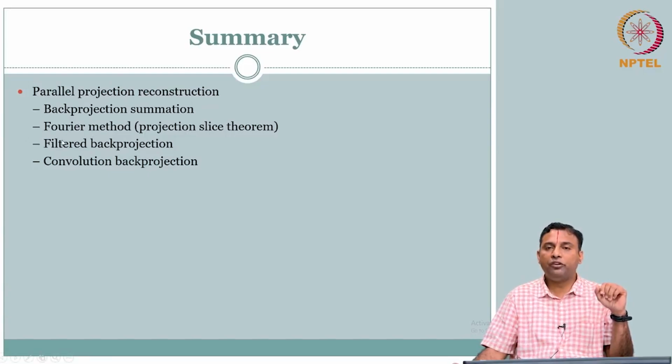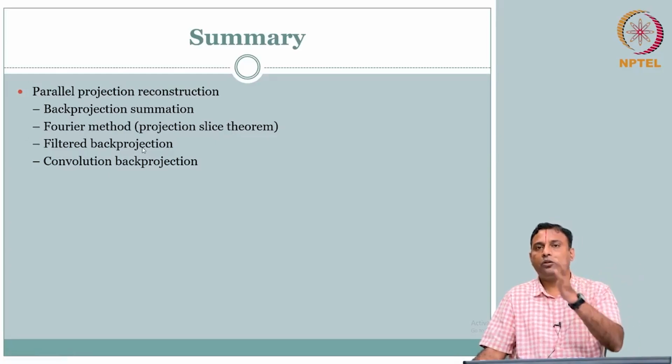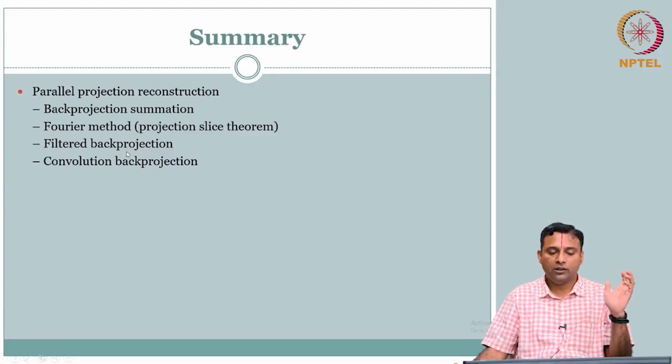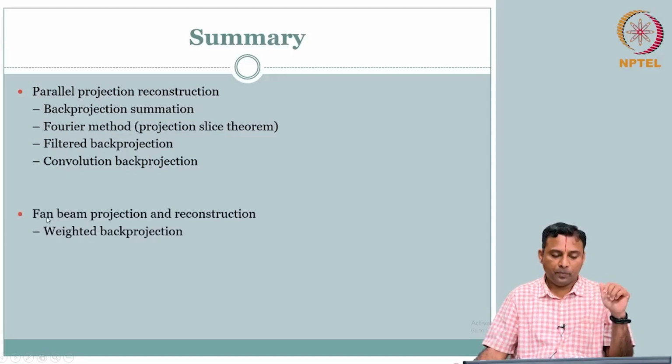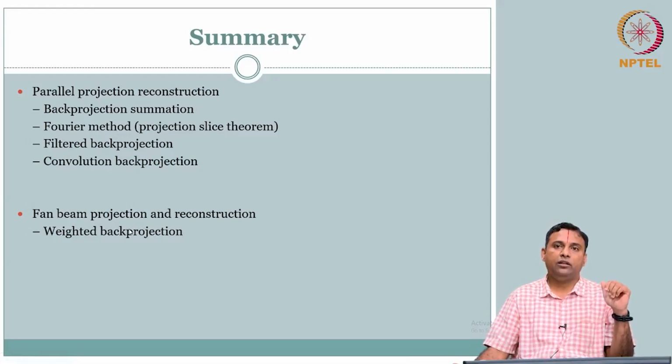Most popular is your filtered back projection, but if you have to implement filtered back projection, you have to go from Fourier domains back and forth. So a more practical one was convolutional back projection, where you do your convolution in the spatial domain. So it's also filtering. Then we talked about fan beam projection and reconstruction.